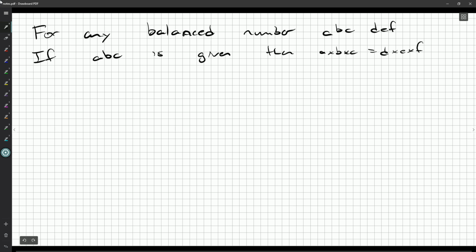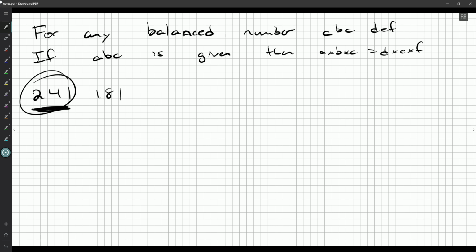But if we take a look at the example that they gave us, that 2, 4, 1, I think, and then 1, 8, 1, if you knew the 2, 4, 1, if they gave you the first 3, which is what they're asking for here, they're asking me for 4BC. They're asking me for the first 3, and I want exactly 3 possibilities for the last 3. You could rearrange. We could have had 1, 1, 8, or 8, 1, 1 with that first one.